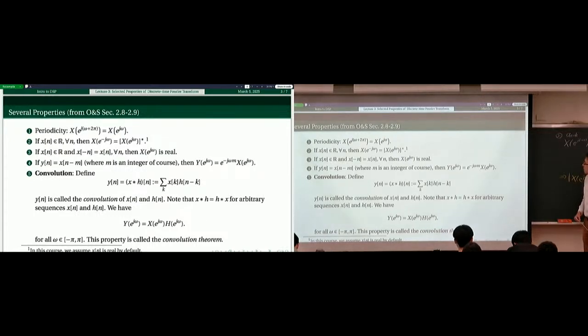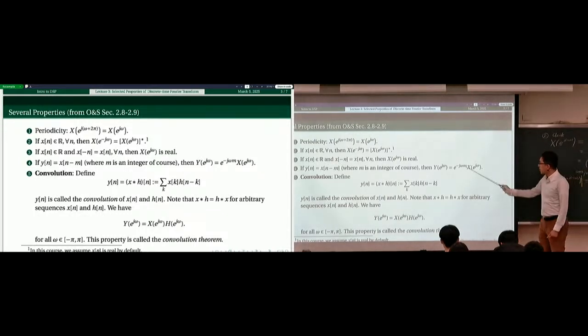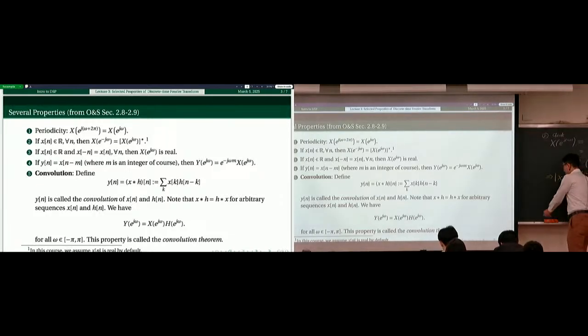I'm sorry, not a fixed number, but m is fixed, and omega is still there. We can call the term a linear phase term. Let me write this down. Let's have a brief discussion on this property.